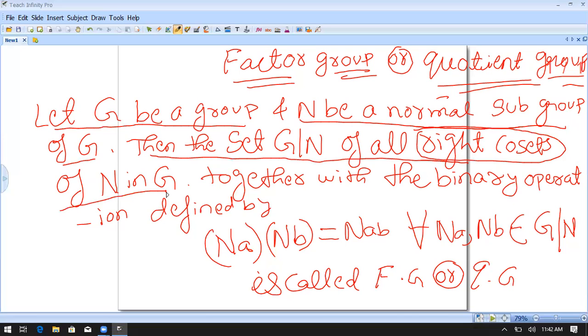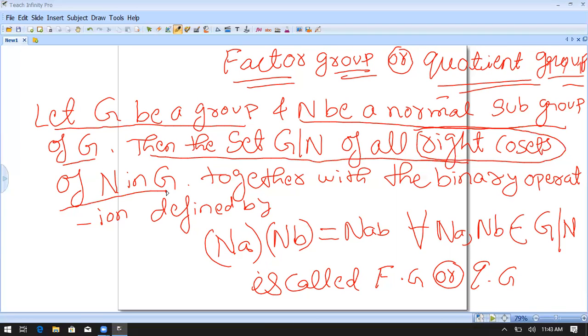The collection of all cosets of H in G is called the factor group or the quotient of a group.